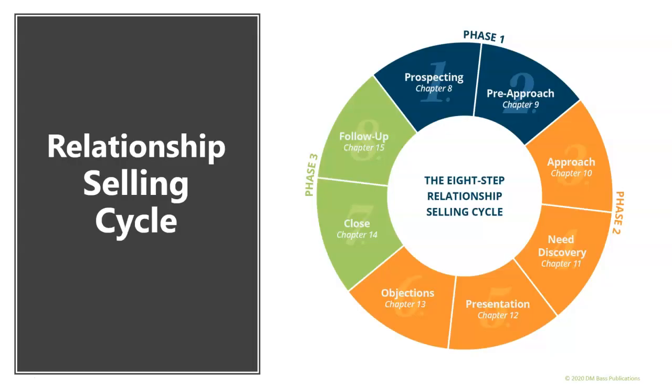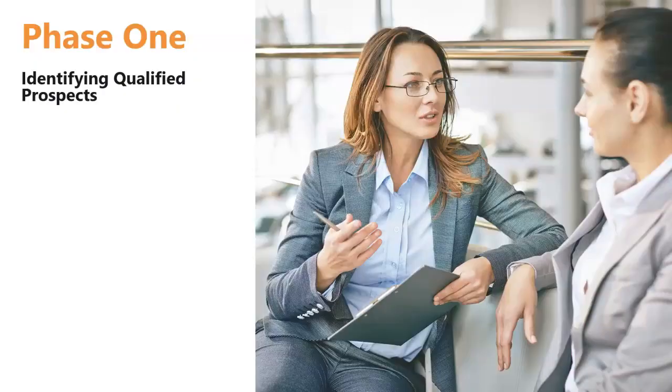So they also put, in the textbook, these into different phases. And I think the phases help with understanding in your mind what's going on during the phases. So phase number one is really about identifying your qualified prospect.